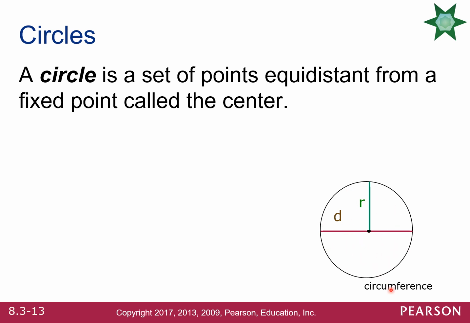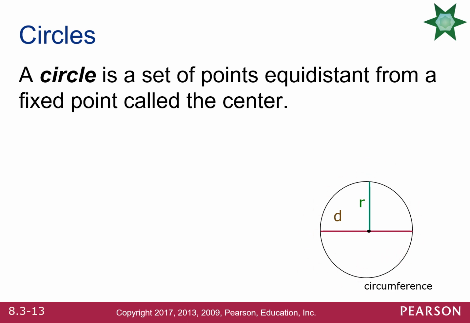Now this boundary line along which all the points that are equidistant to the center lie is called the circumference. It's like the boundary line, so to speak. Just like for polygons we have perimeters, for circles we have circumference, and that has a curved shape. It is round shaped.